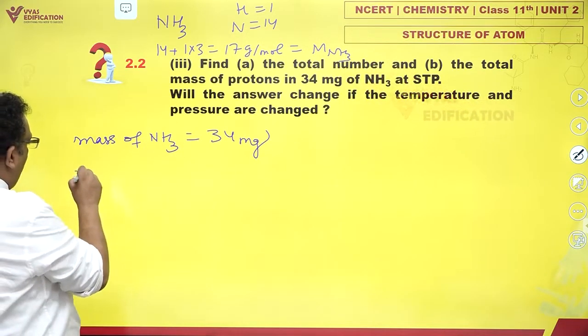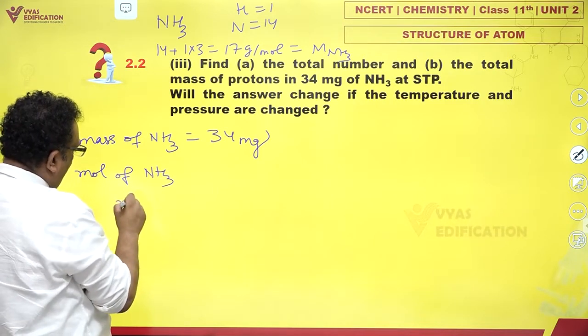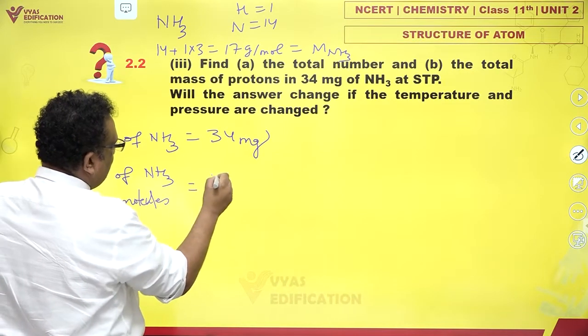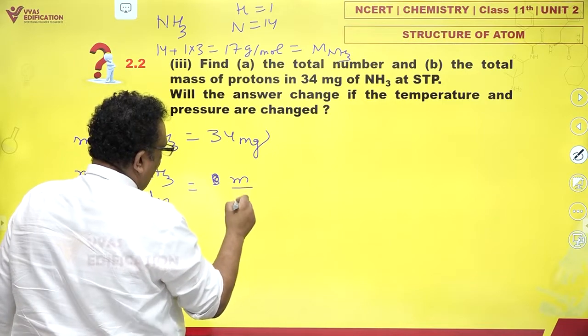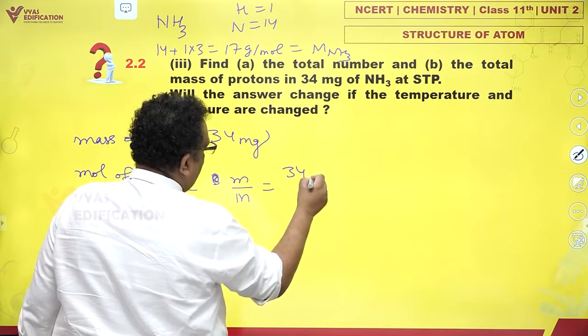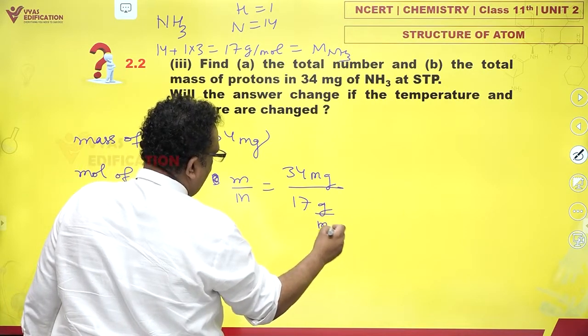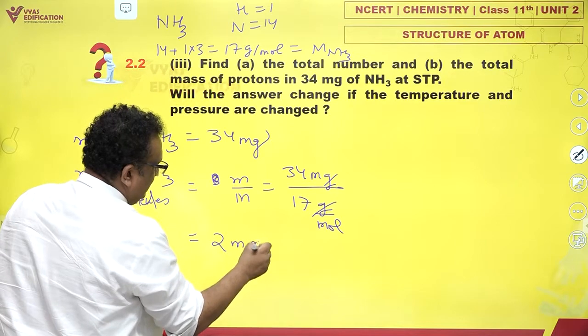Yes. So moles of ammonia molecules, by formula, would be mass by molar mass, which is 34 milligrams divided by 17 grams per mole. Grams cancel away, that makes it 2 millimoles.